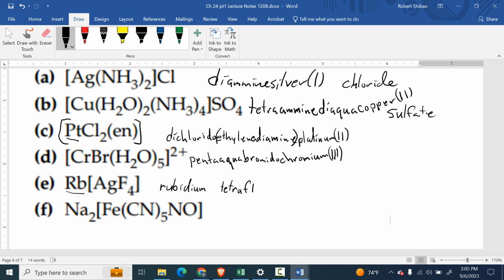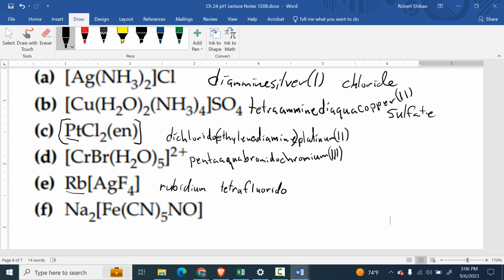So it's rubidium, tetra. Should I call it monorubidium or just rubidium? Just rubidium. And tetrafluorido. Fluoride is FLU or FLO? FLU. Tetrafluorido. Okay, now this whole complex has to carry a charge of -1 because rubidium is a +1, correct?